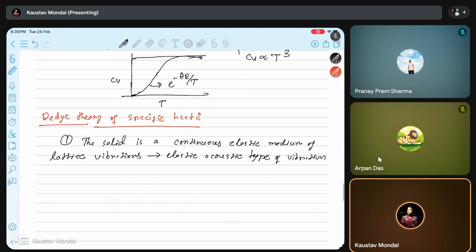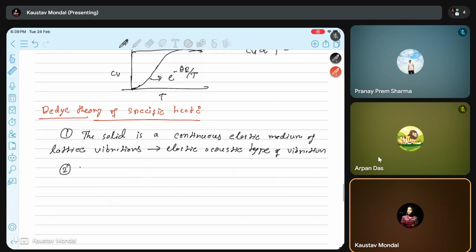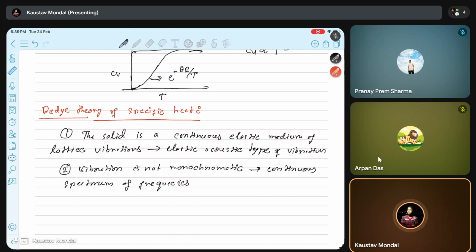And second, the vibration is not monochromatic. It has a continuous spectrum of frequencies, up to a maximum.